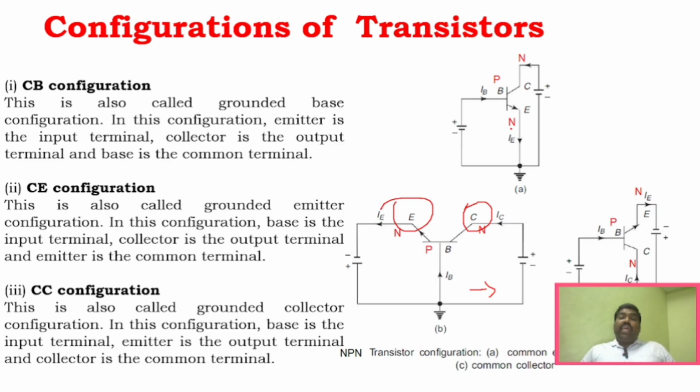In the common emitter configuration, the base is the input terminal and the collector is the output terminal. In the common collector configuration, the base is the input side and the output is the emitter terminal. The common base can also be called the grounded base configuration, the common emitter the grounded emitter configuration, and the common collector the grounded collector configuration.